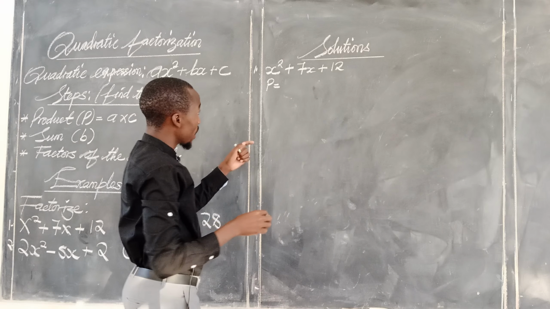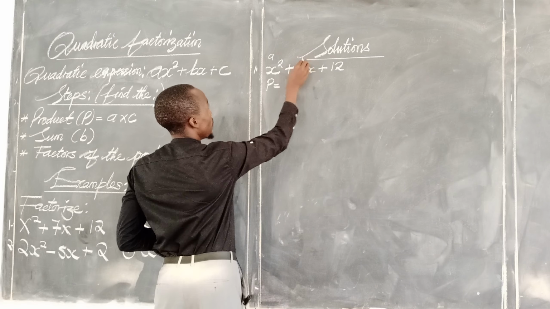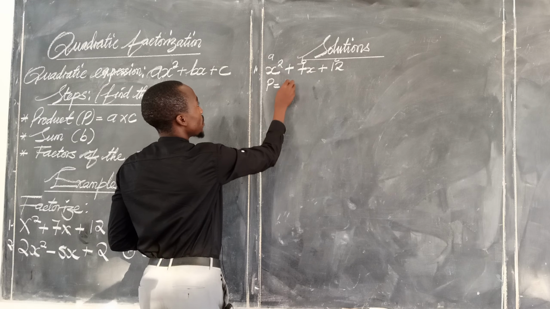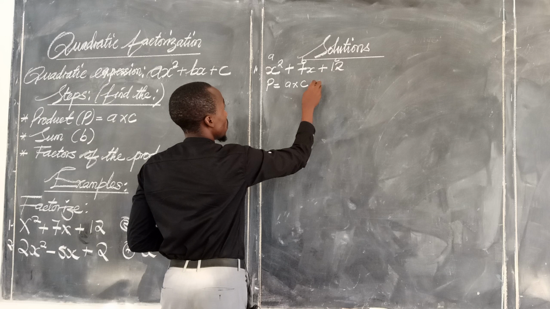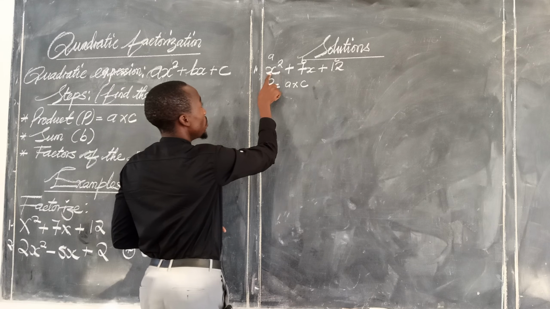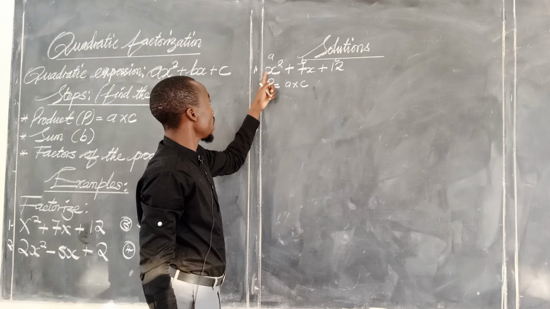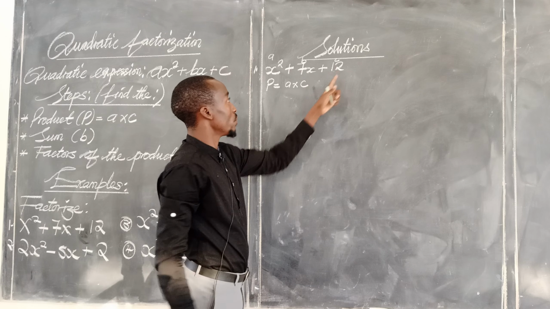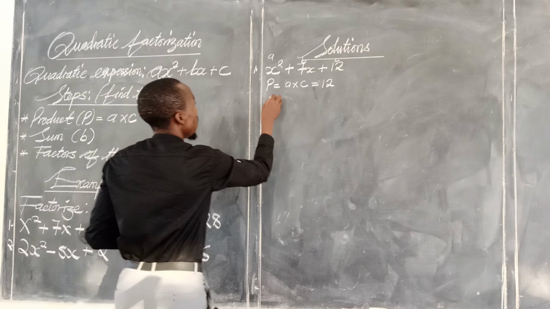We multiply A times C. Here there is an invisible 1 in front of x squared, so we say 1 times 12. Our product is 12.